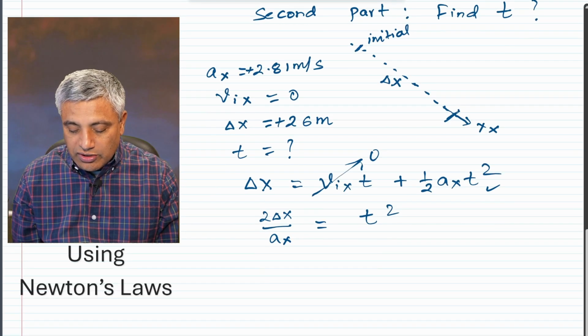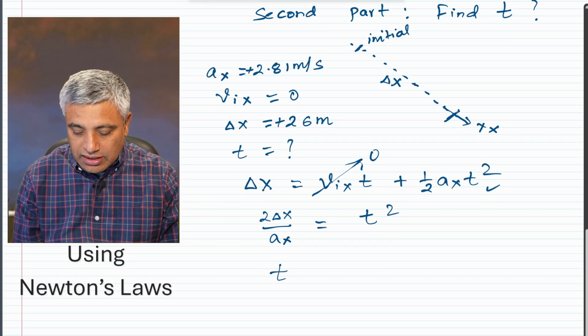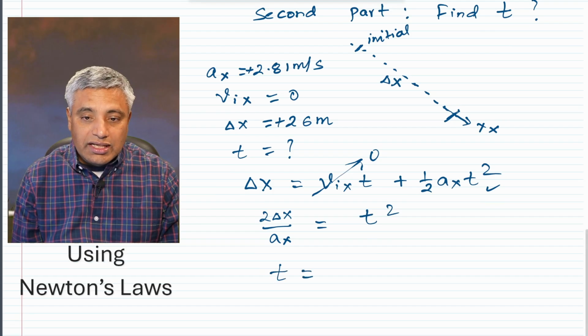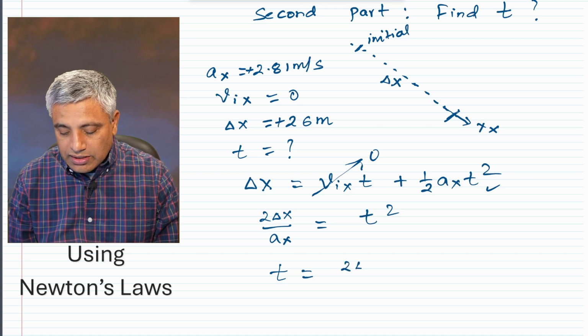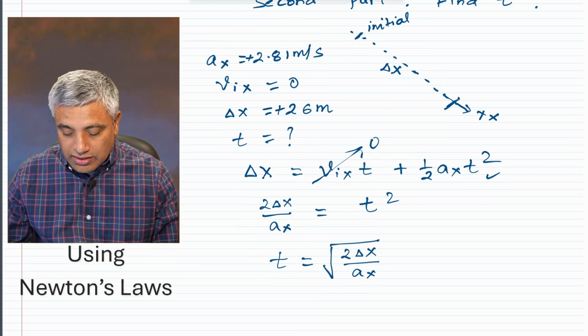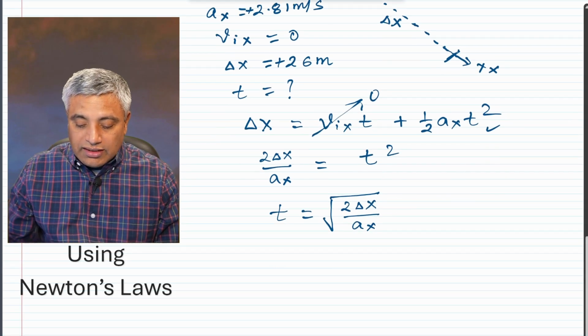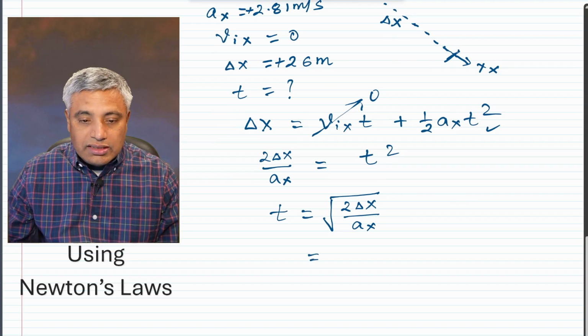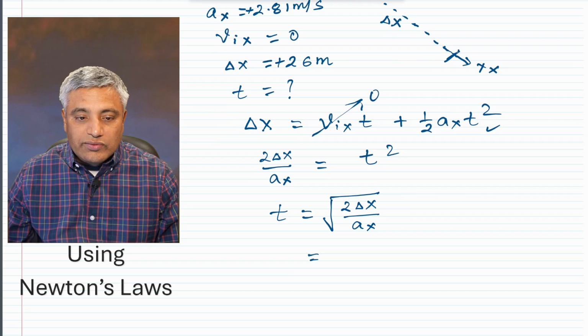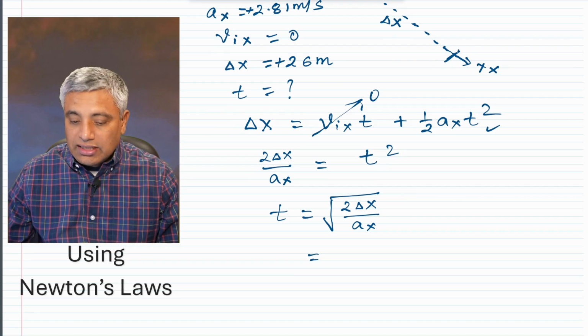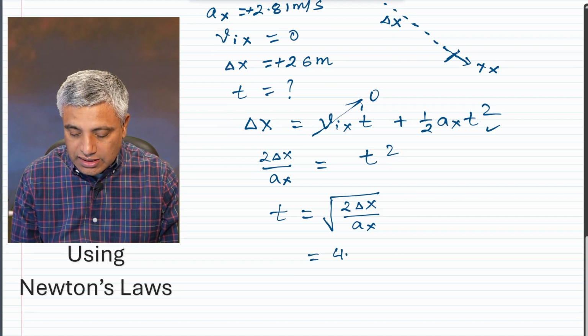So t is going to be the positive or negative of this, and since time is never negative, we just use the positive solution. That's going to be this. So we plug in these numbers and round to 2 sig fig, and we get the answer as 4.3 seconds.